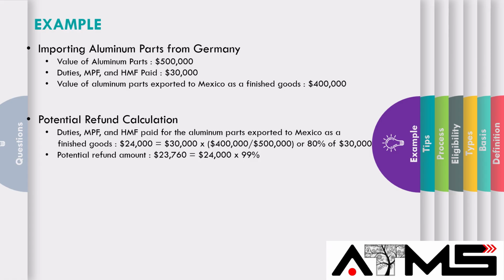Total import value is $500,000. Total duties and fees paid was $30,000. Then the export portion is 80% because you exported $400,000 out of $500,000, right? In that case, your eligible duty amount will be $30,000 times 80%, which is $24,000.